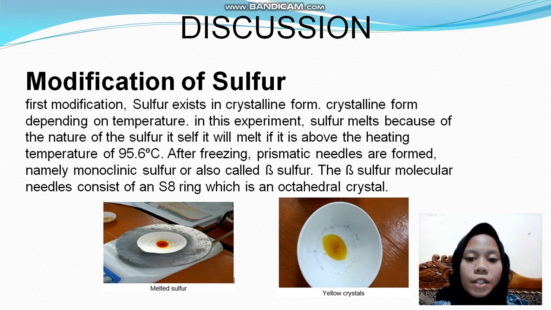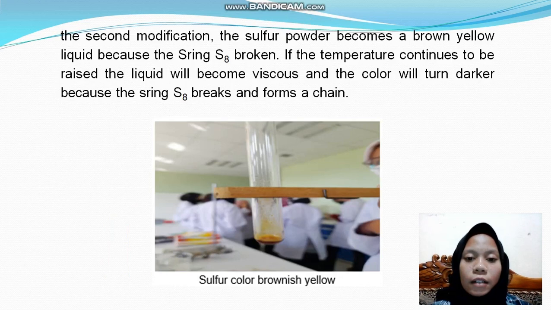After freezing, prismatic needles are formed, namely monoclinic sulfur, also called beta sulfur. The beta sulfur molecular needle consists of an S8 ring, which is an octahedral crystal.